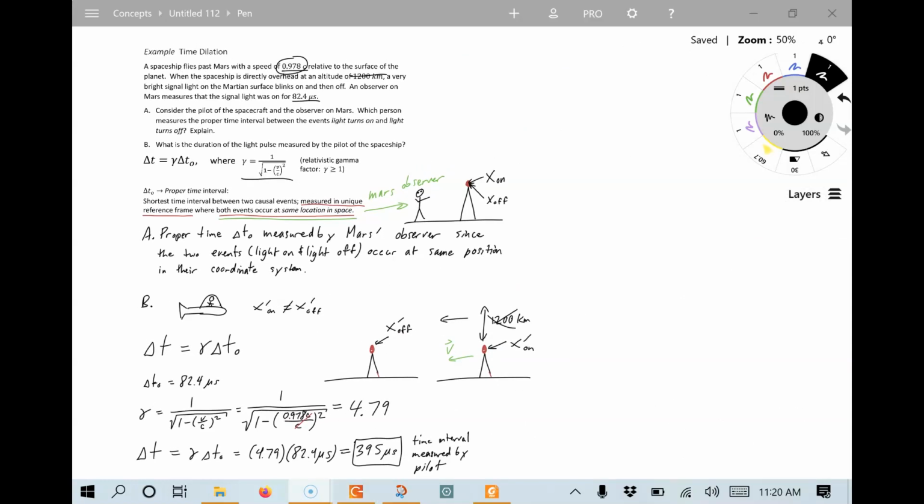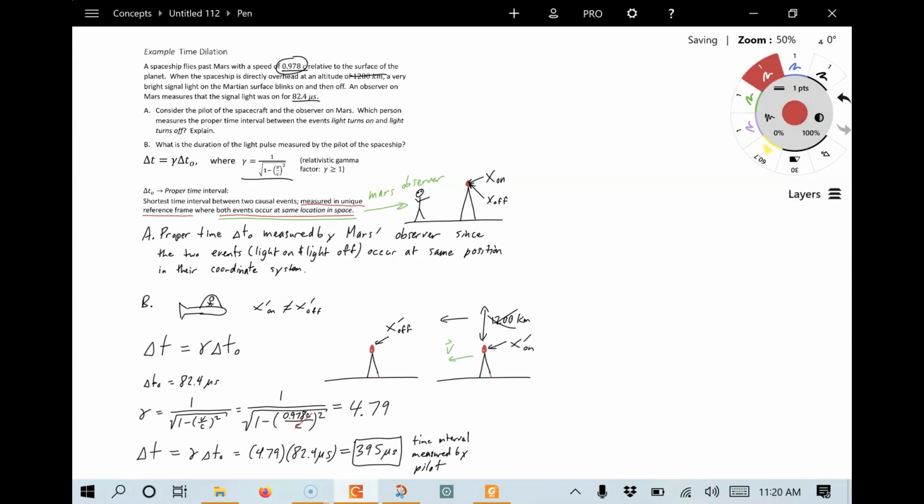And let me just clarify that since the positions being different means that it's dilated time, I'm going to add this here to the special case. This was the proper time because the spatial positions are the same for the two events, on and off. Same position in the coordinate system of the Mars observer only.